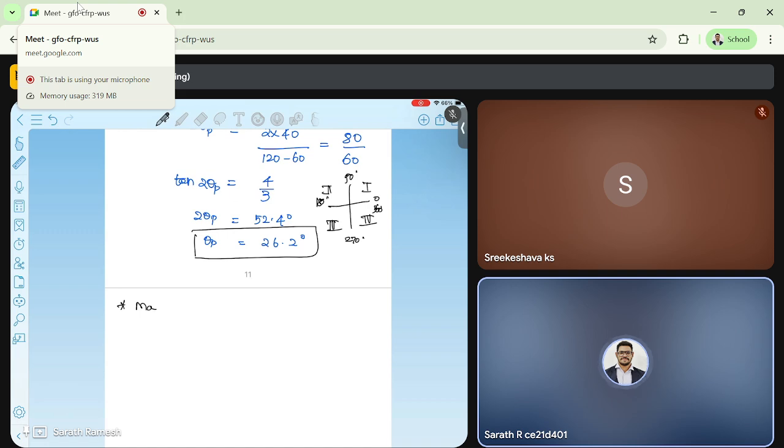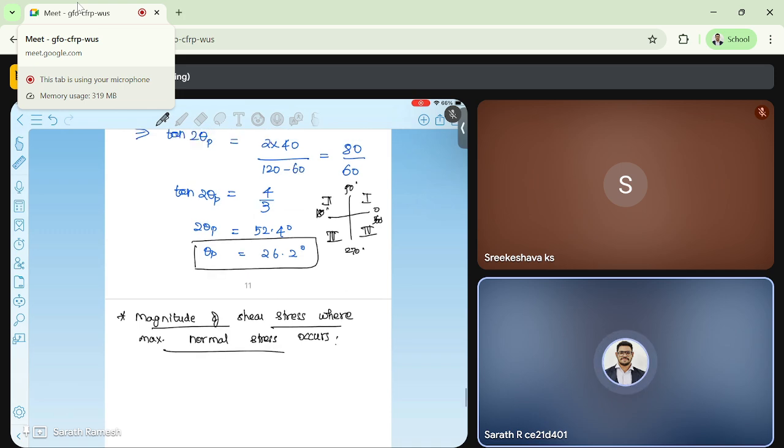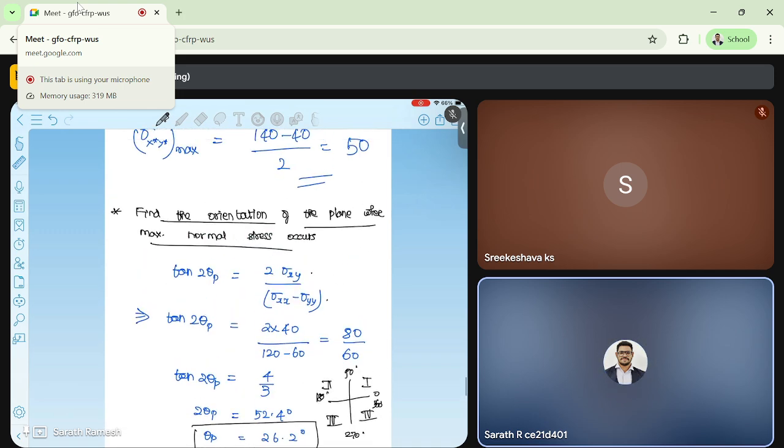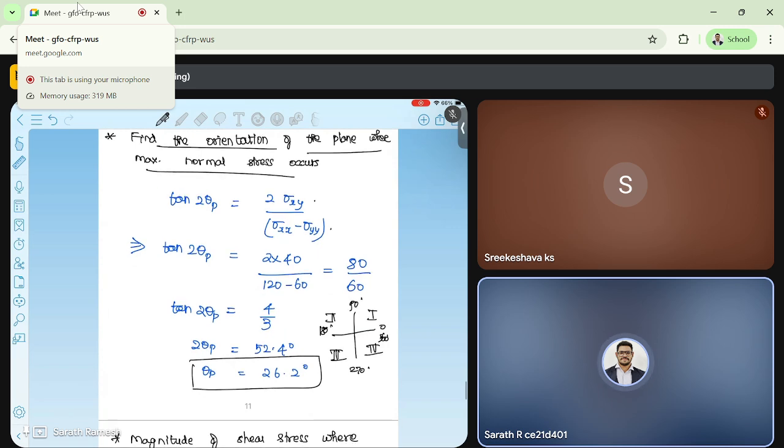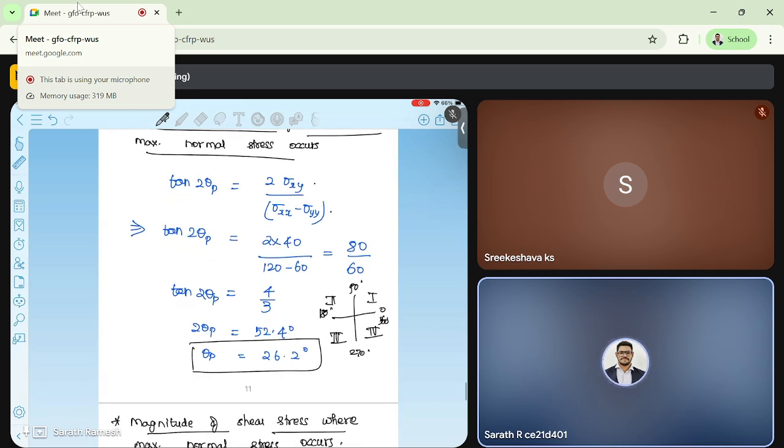Magnitude of shear stress where maximum normal stress occurs. So how to find this? Where maximum normal stress occurs, theta p is 26.2 degrees with the x-axis.